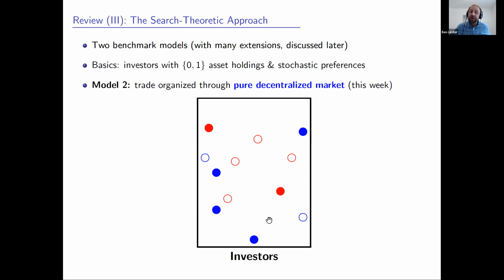And so the model, again, is going to be a search model where these different investors periodically randomly match with one another, and they can bargain over the gains from trade. So in some ways, it's really one of the simplest economic models you could think of, but we're going to show that you get a lot of bang for your buck in solving. So that's where we're going today. Before I jump into the model, are there any questions at this stage?